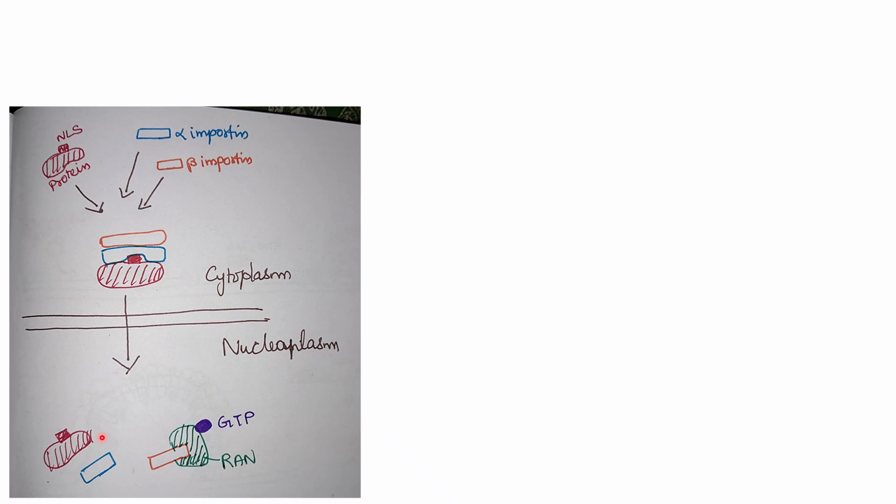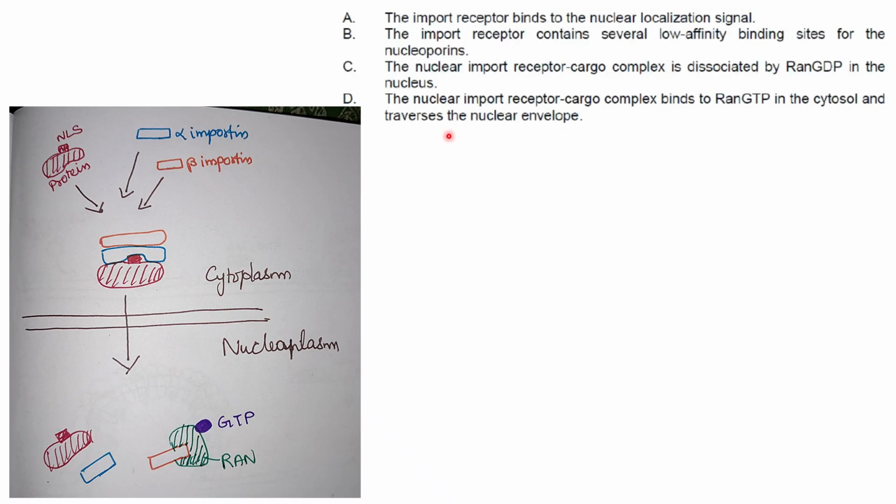Okay, now see the statements. The importin receptor binds to the nuclear localization signal. Yes, importin, the import receptor, is nothing but your alpha and beta importin. They will bind to the nuclear localization signal, that is correct.